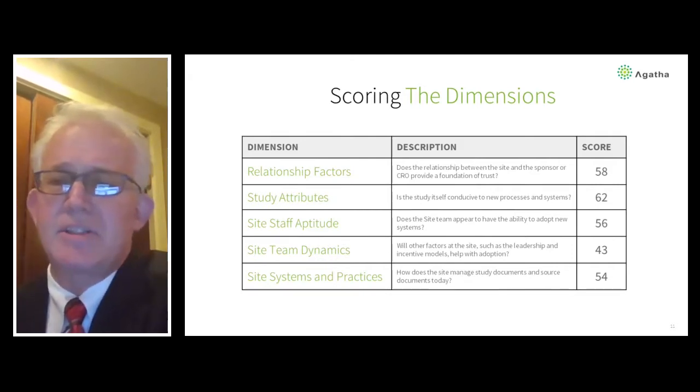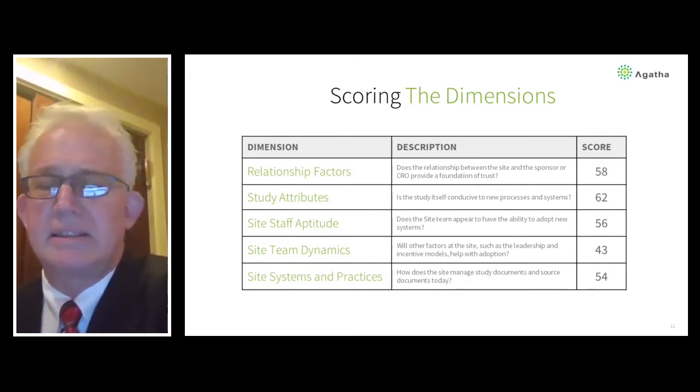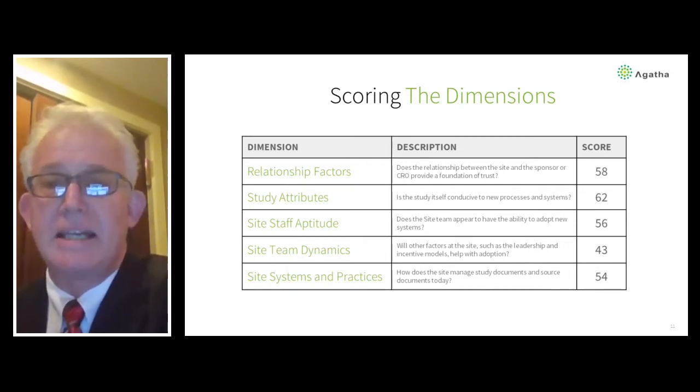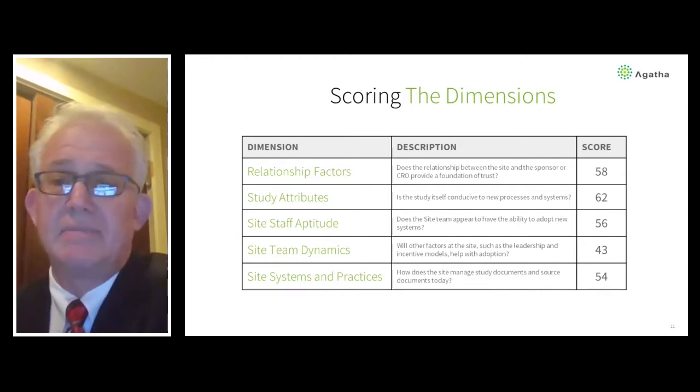As I said, this just gives us a little rigor to think about which sites are the best fit for a shift to remote monitoring. And since each dimension has 10 questions, the total score possible in each is 70.